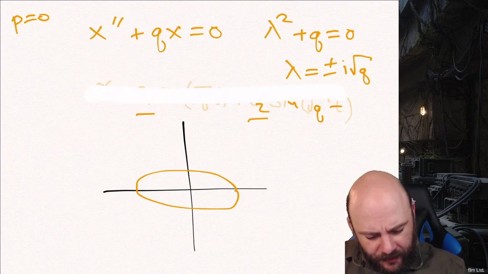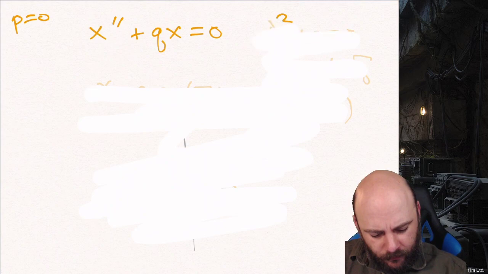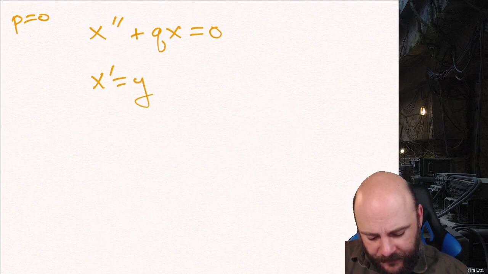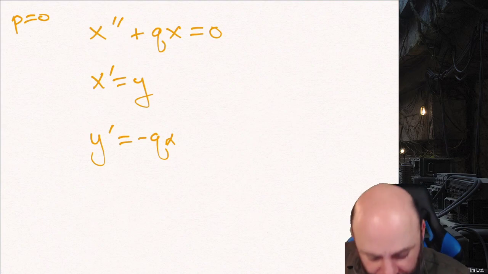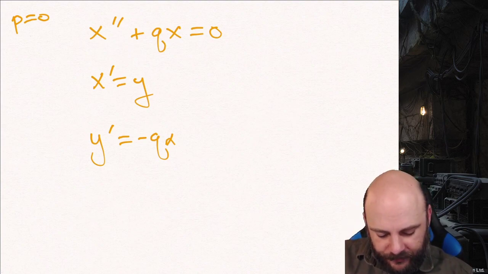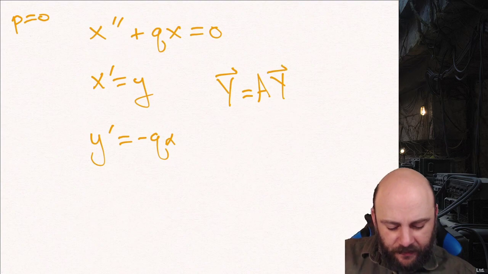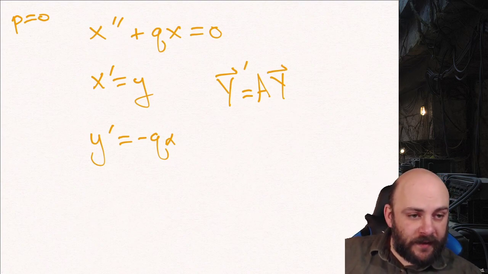But what does this mean in system land? If we are back to thinking about our one-dimensional first order systems, we've got x prime equals y and y prime equals negative qx. Now, this is just an example. We're doing the simple examples here. If I define a state vector y, its derivative is going to equal the matrix A times the state vector y.